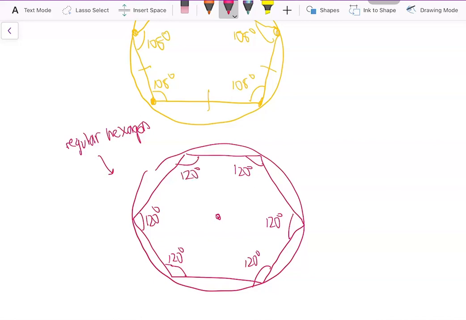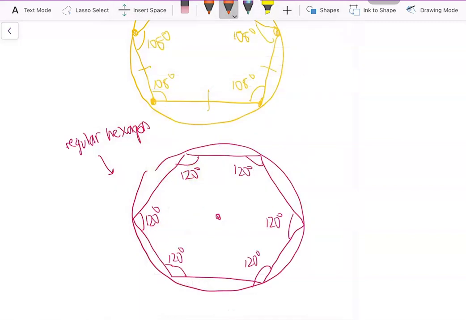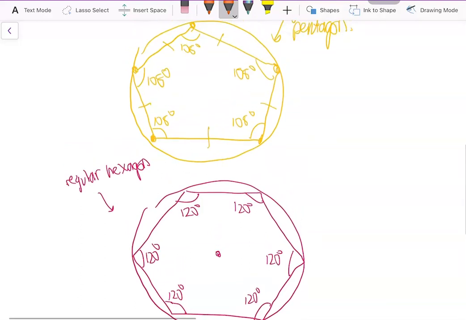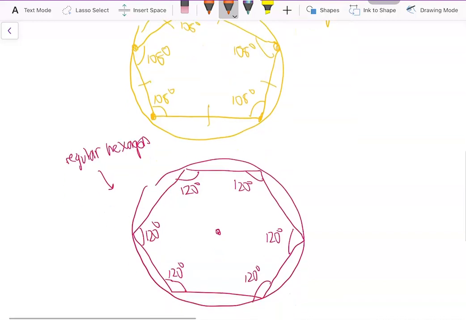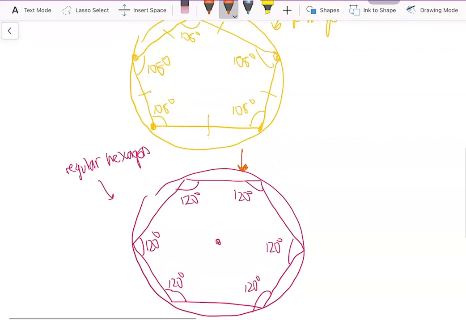It actually turns out it is a little bit easier to construct a regular hexagon than a regular pentagon. That may seem surprising, and the reason is the 120-degree angles in the hexagon are easier to make than the 108-degree angles in a regular pentagon.